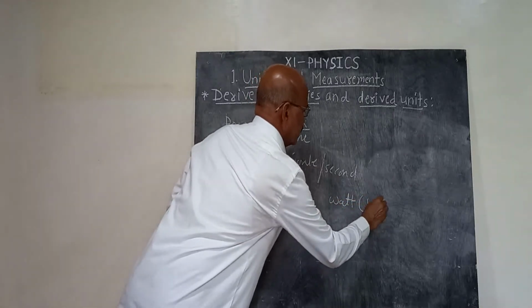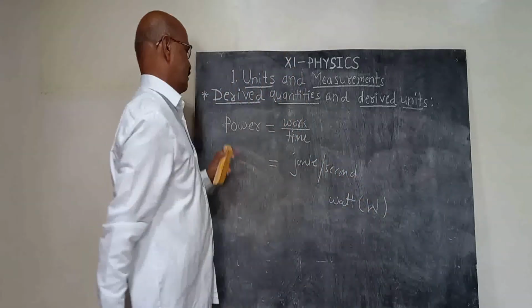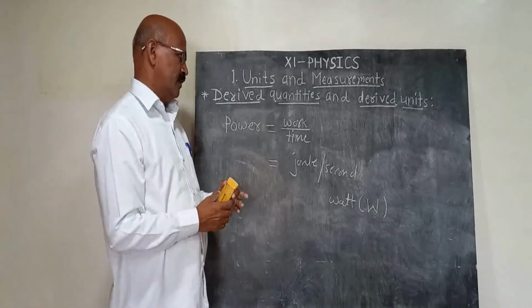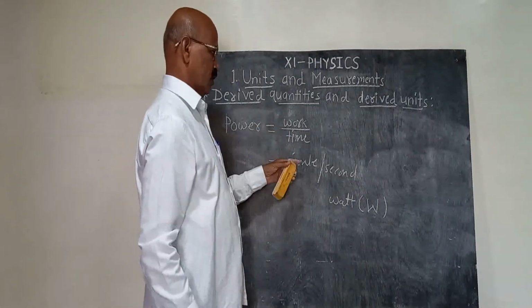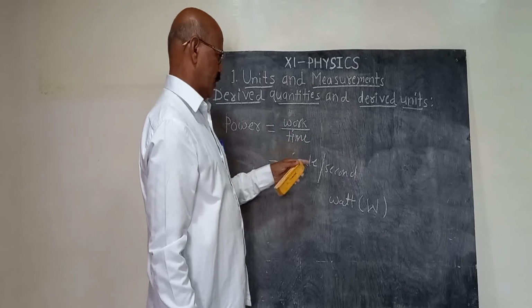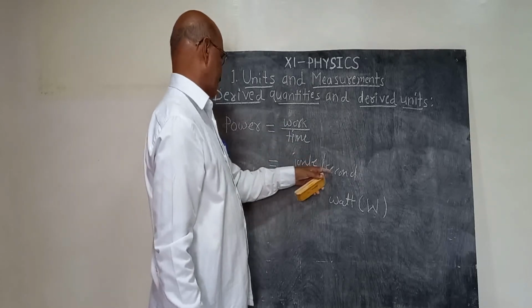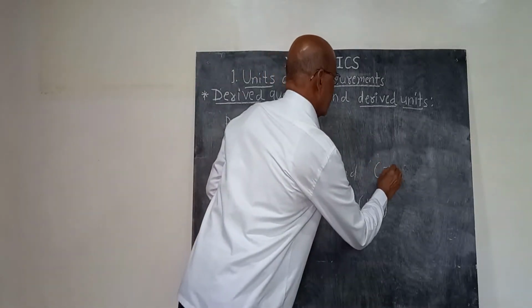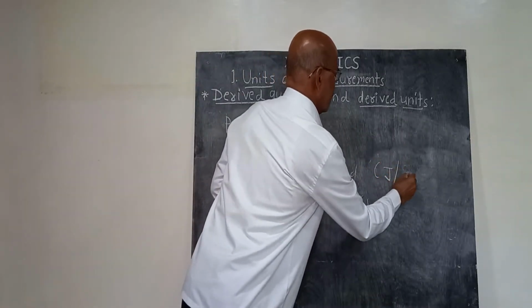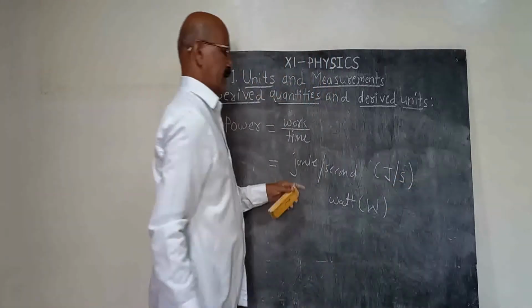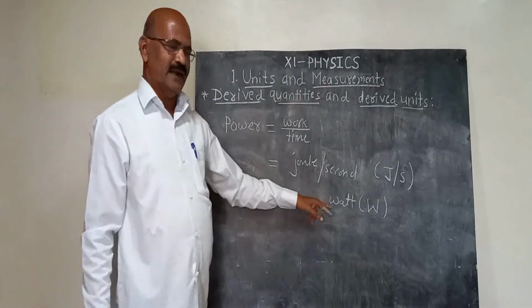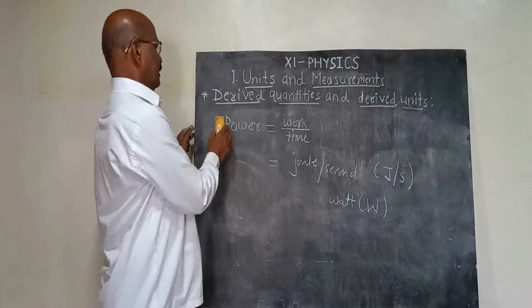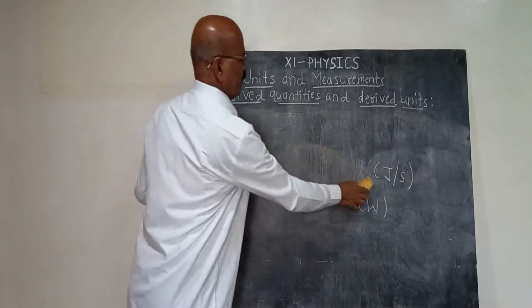Capital W is its symbol. So joule per second, capital J per s, is the SI unit of power, and it has the special name watt.